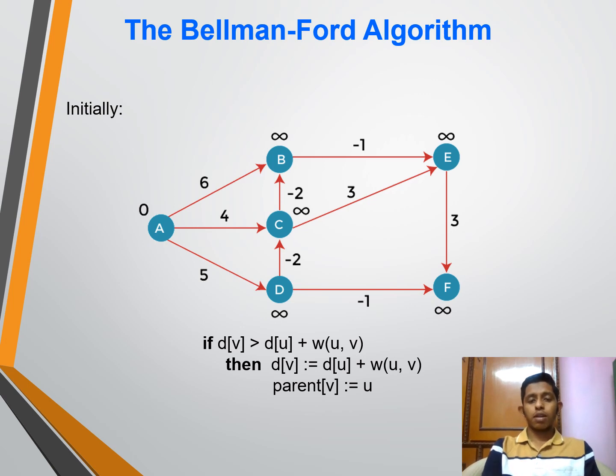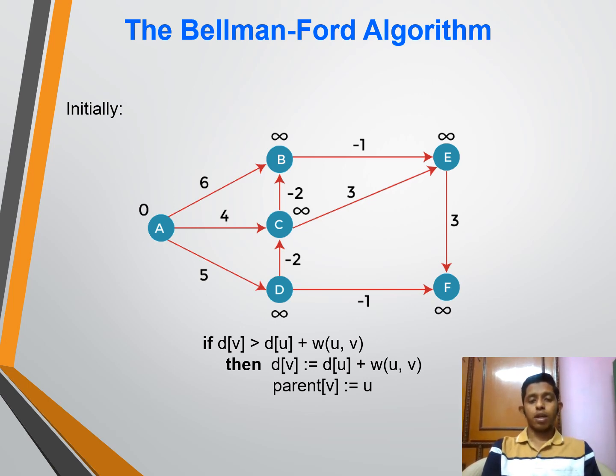So again, D to C: the vertex C has the value 4 now. D to C is 5 minus 2, which is 3. 3 is less than 4, so C has the value 3 now.